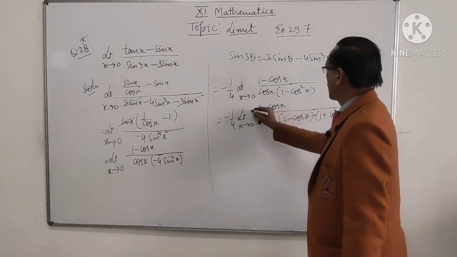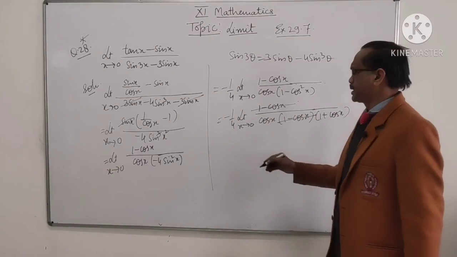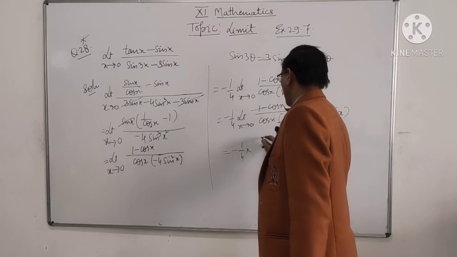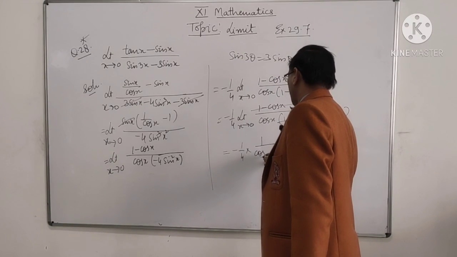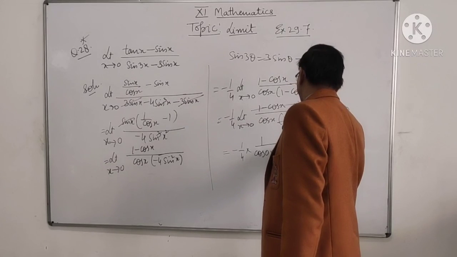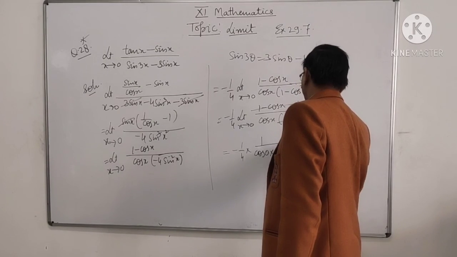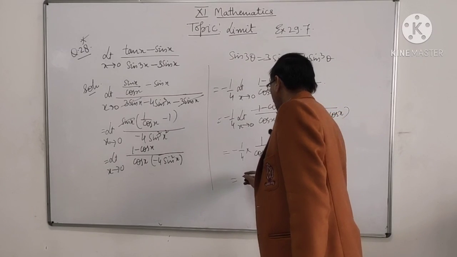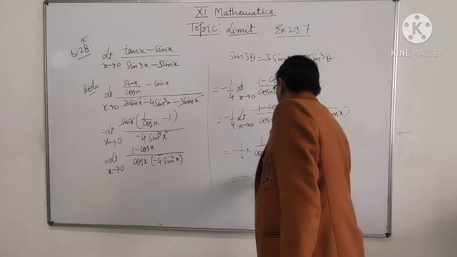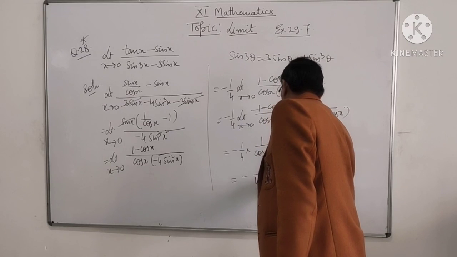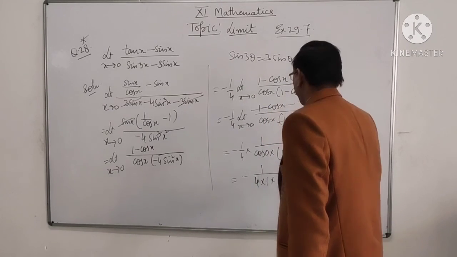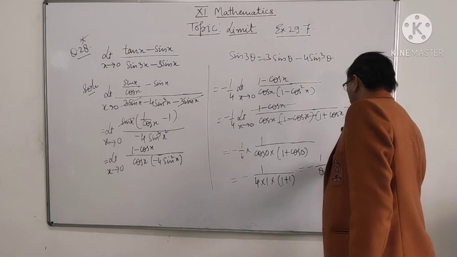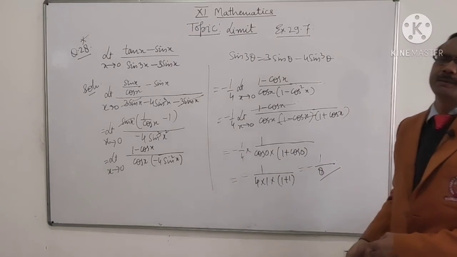So this is cancelled out. Now cos 0 is 1, so it is minus 1 upon 4 into 1 upon cos 0 into 1 plus cos 0. Cos 0 is 1, so minus 1 upon 4 into 1 plus 1. 1 plus 1 is 2, so minus 1 upon 8. So the limiting value is minus 1 upon 8.